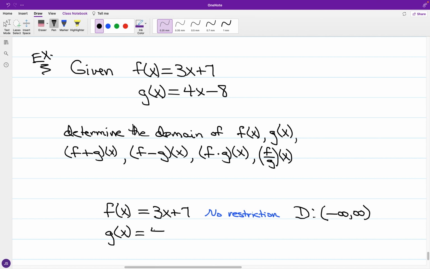And for g of x equal to 4x minus 8, like f of x, we have a linear function. And guess what? No fraction, no even root radical, so you have no restriction. And like f of x, g of x is going to have a domain consisting of all real numbers.